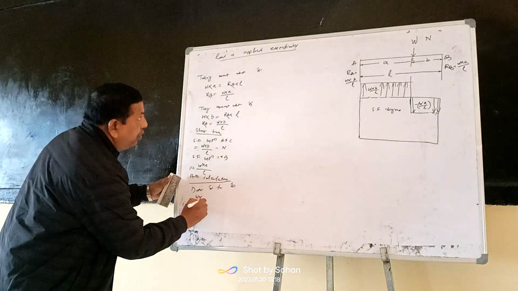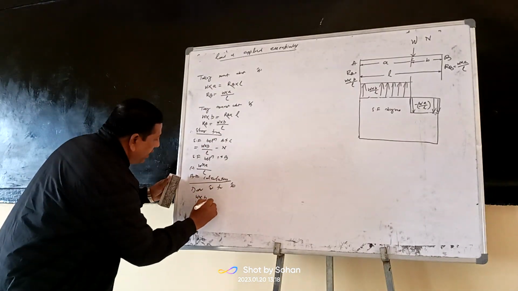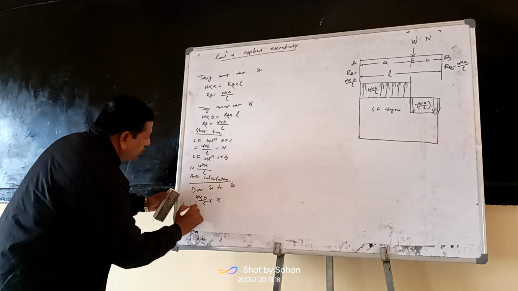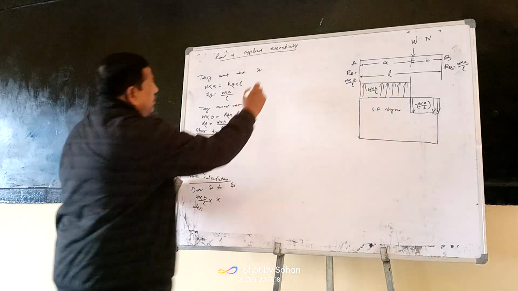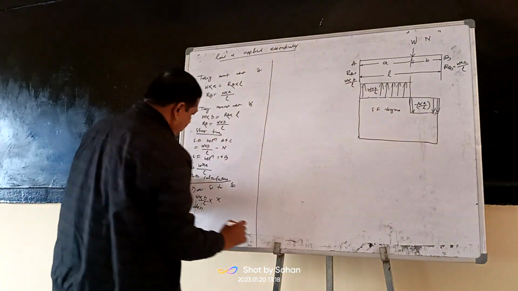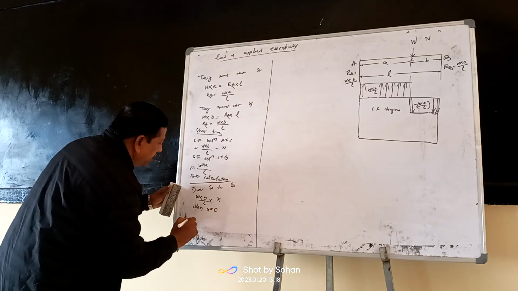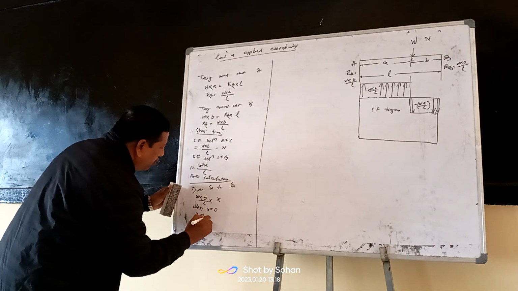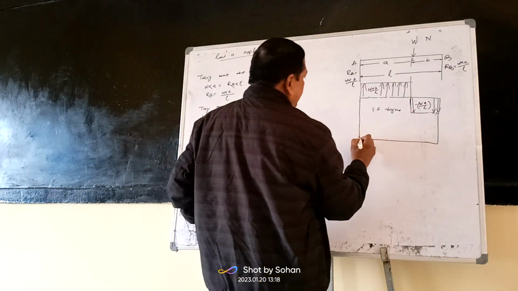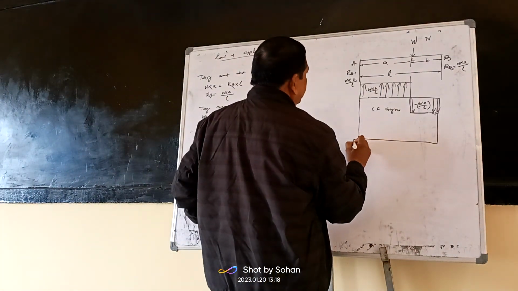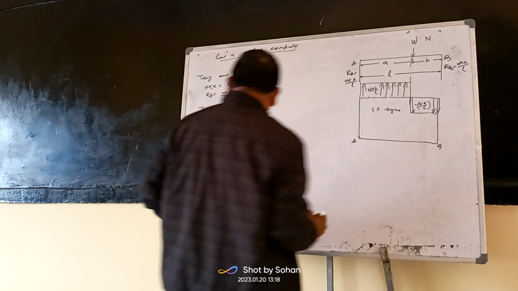W into B by L into x. So when x is equal to 0, bending moment is equal to 0. So at this point the bending moment is equal to 0.